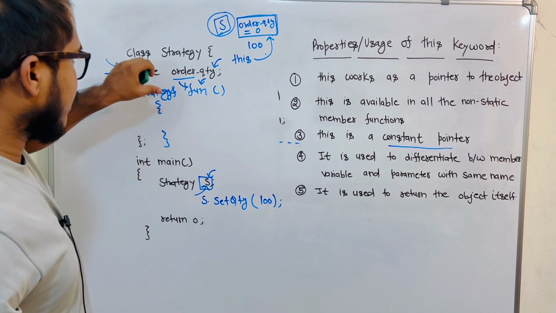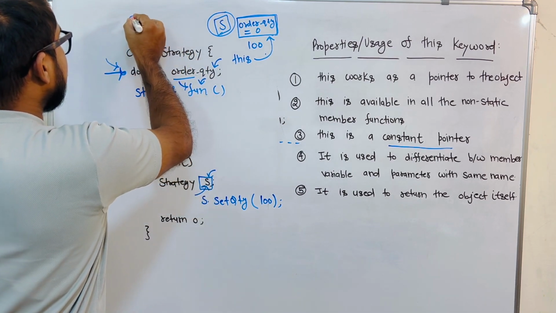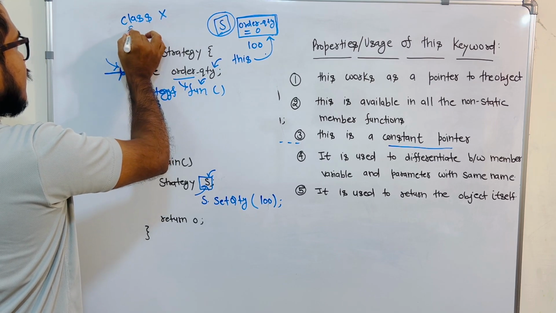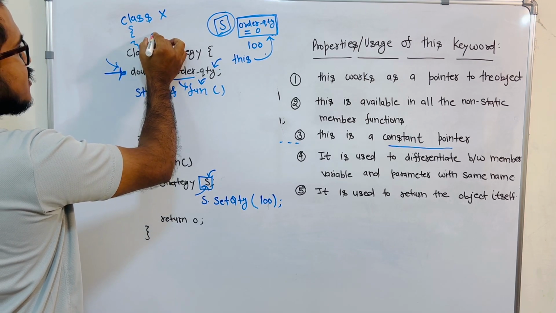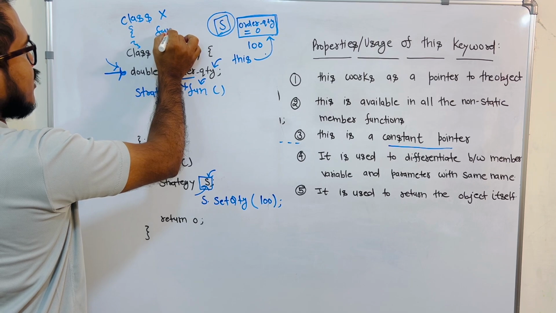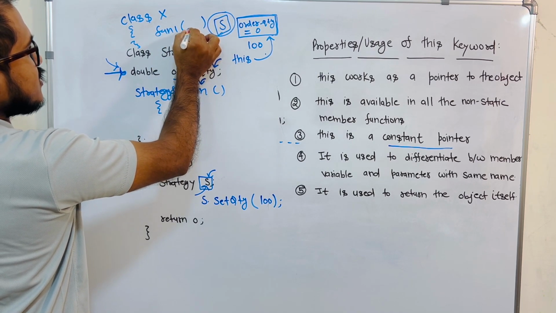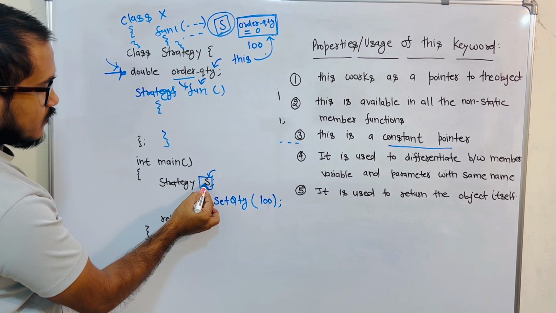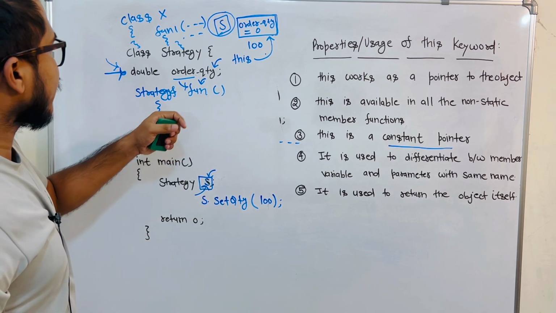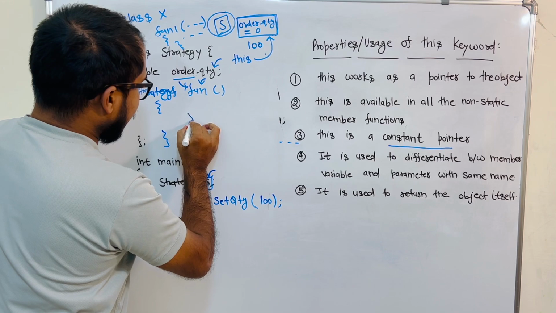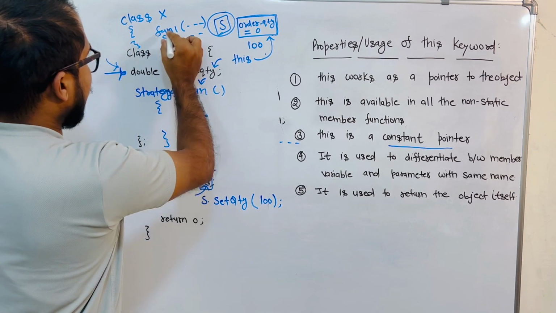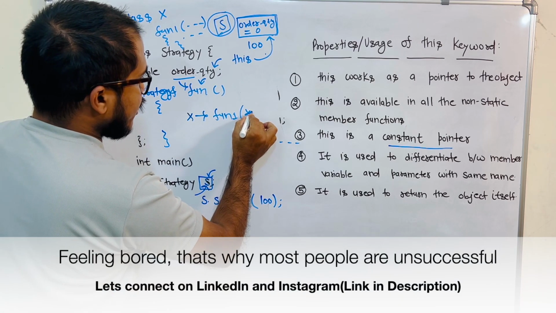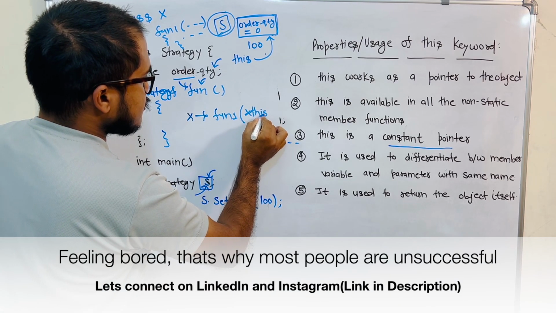Let's say there is a class X and it contains some function fun1, and inside this function I want to access the object of this particular class S. Then what I can do, I can call X fun1 and pass the pointer this.